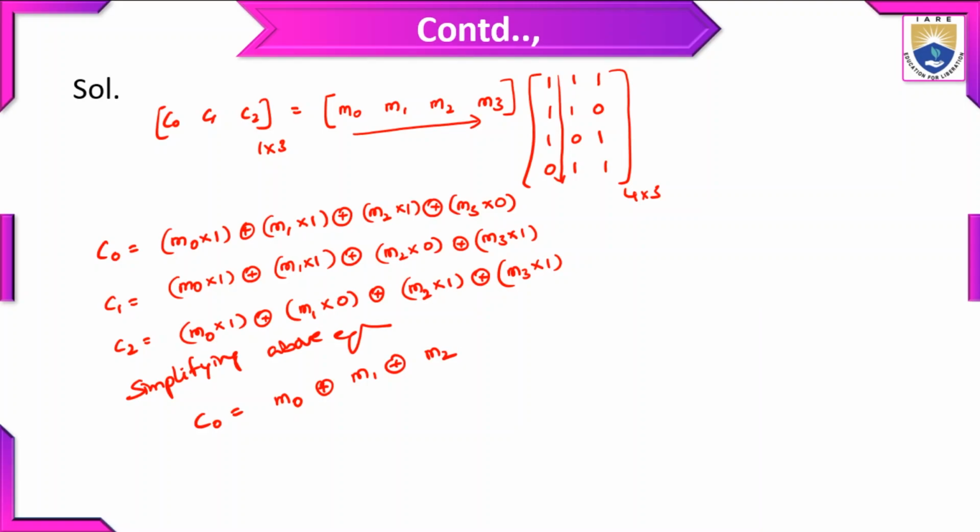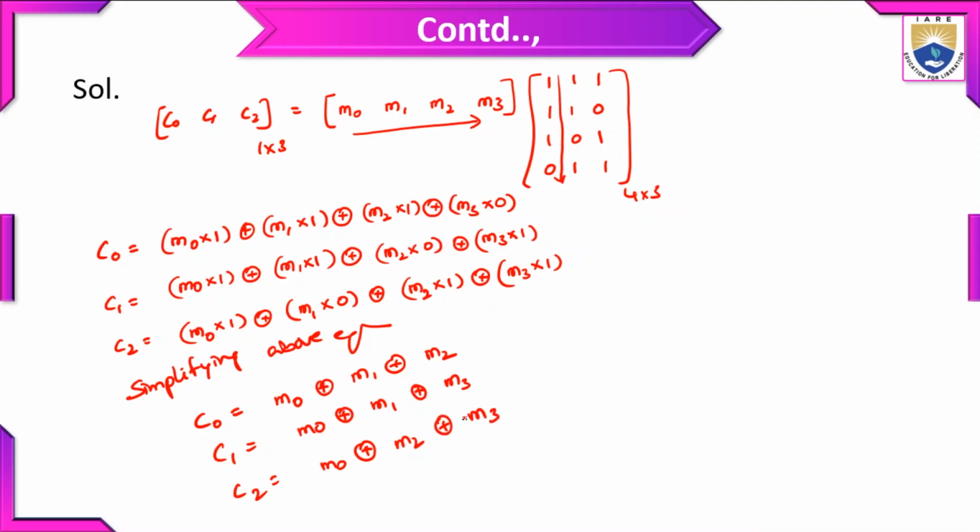The last one, M3 into 0, is 0. C1 is M0 XOR M1 XOR, here M2 into 0 is 0, so M3 is left. Next, C2 is M0 into 1, M1 into 0 is 0, so M2 XOR M3.